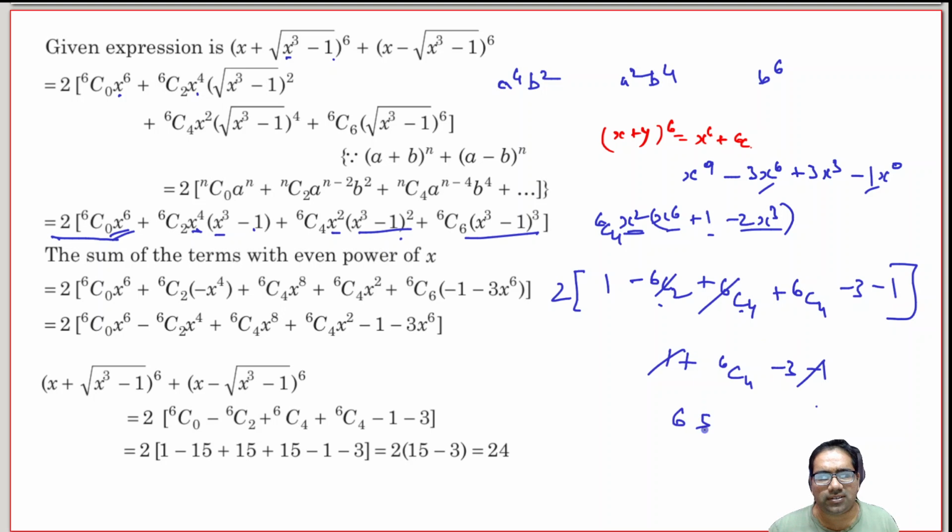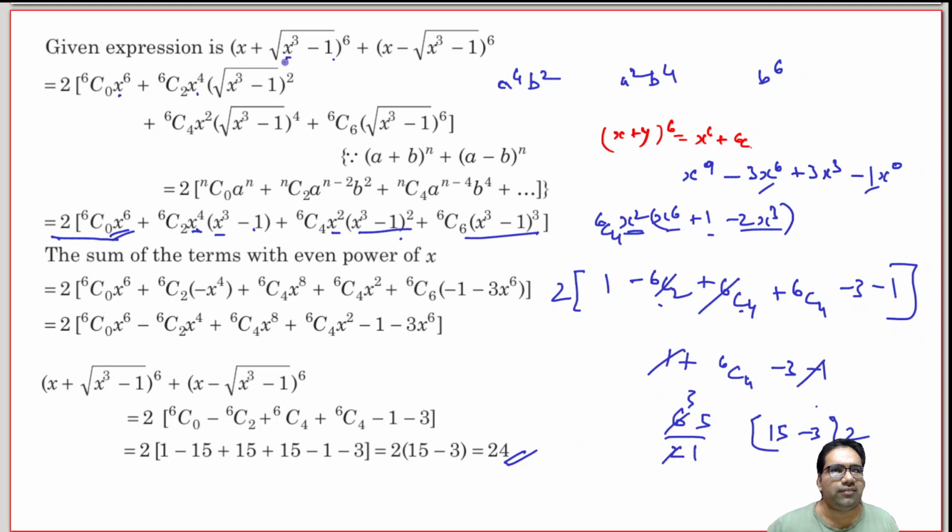What is 6C4? 6C4 is nothing but 6C2, that is (6 into 5) by (2 into 1), which is 15. So 15 minus 3 is 12, and 12 into 2 is 24. That is our final answer. So the sum of coefficients of all even powers of x is equal to 24.